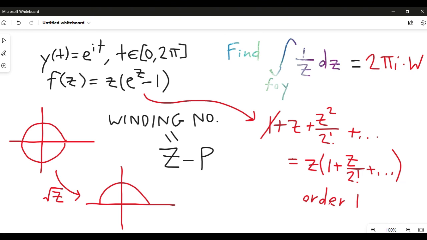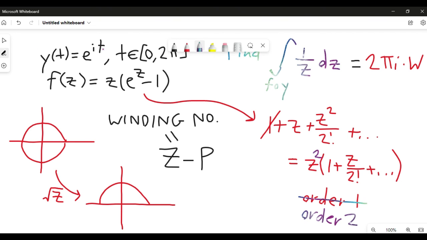So this is a 0 of order 1. And if I multiply this by z, right, so f of z was z times e to the z minus 1, that's just going to increase the power. So I'm going to get a z squared here. So it seems like what I get is going to be a 0 of order 2.